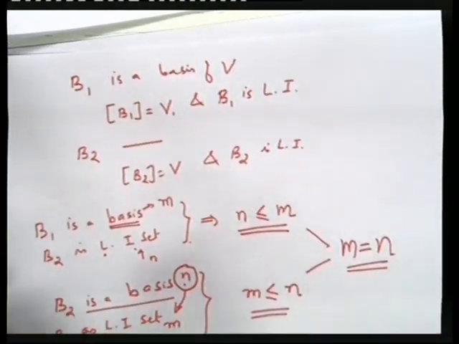So if we take two different bases of any vector space, then the number of vectors in them is always the same. So we have concluded two things. First, any vector space may have more than one basis, and second, all the bases have the same number of elements.